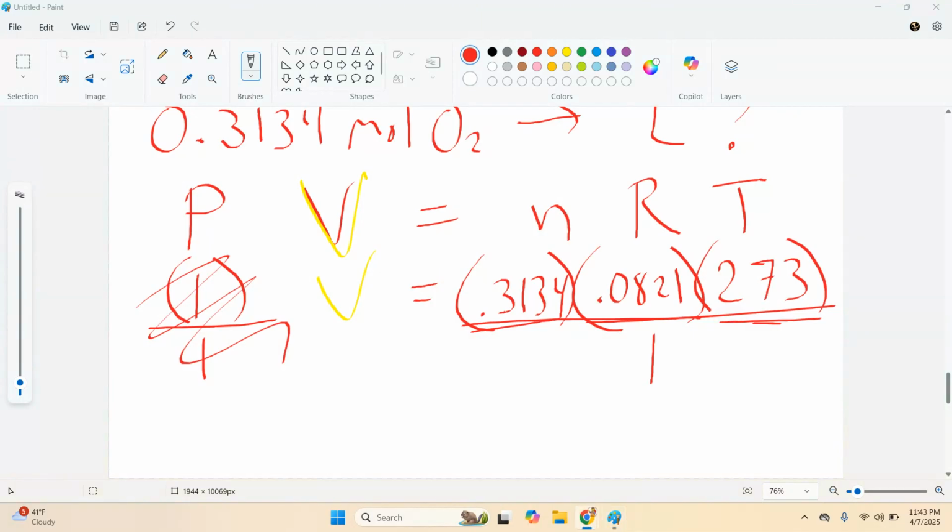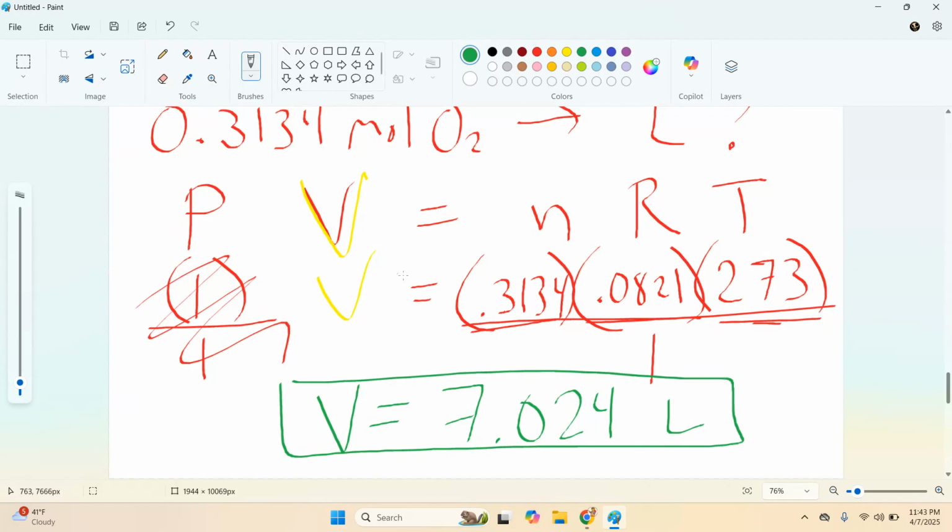In the calculator, I get as an answer that the volume is equal to 7.024 liters.